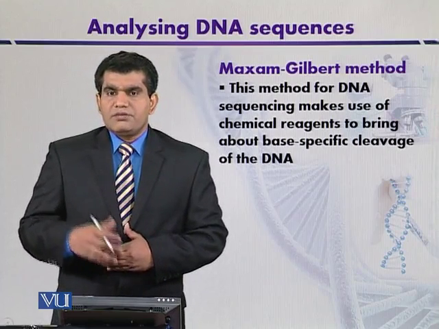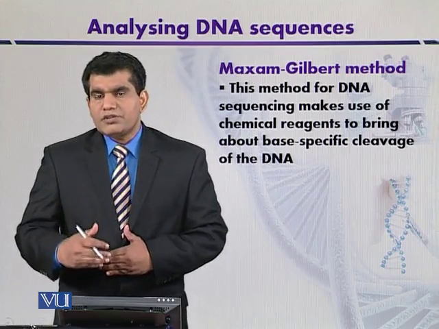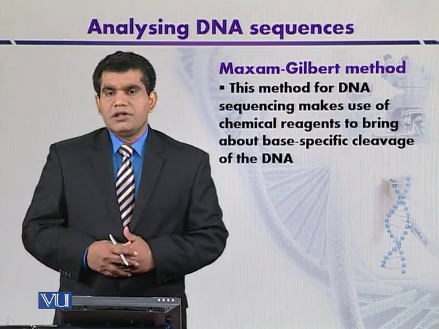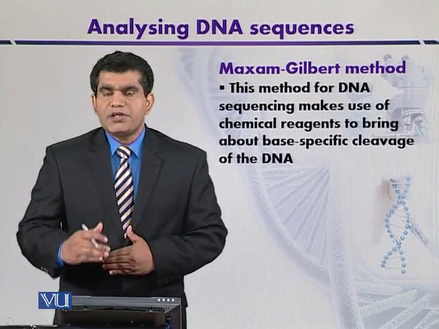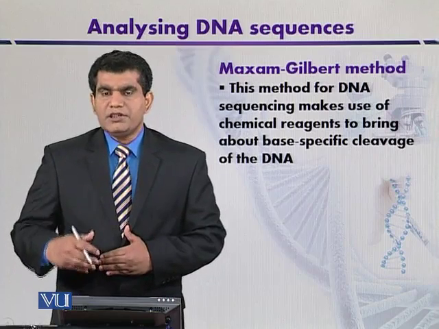I think you still have the idea that we discussed, that either agarose gel or polyacrylamide gel is used for the separation of DNA molecules depending upon the fragment length.